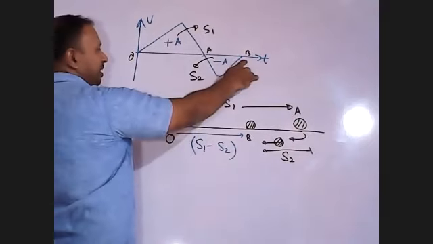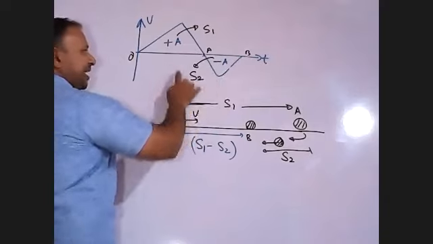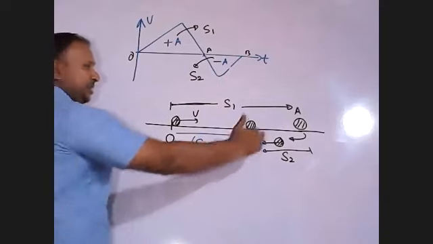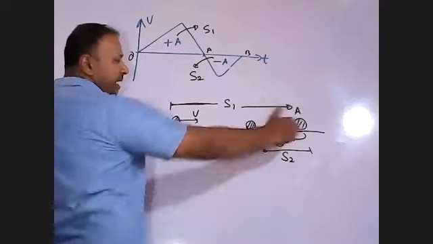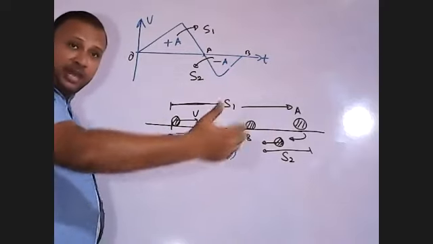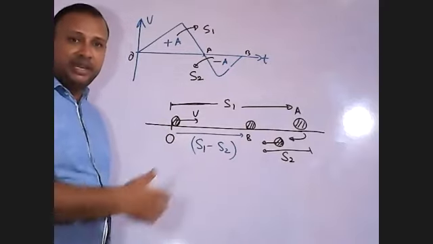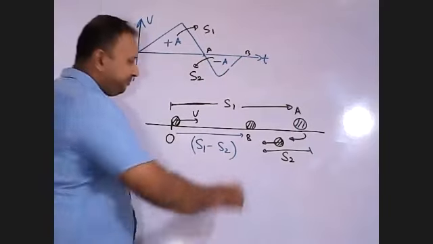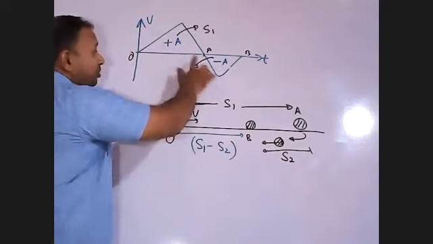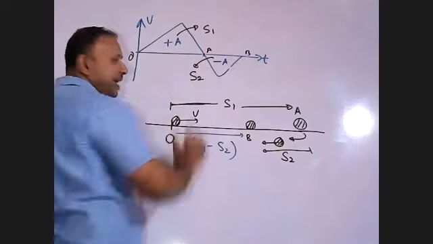Then from A to B, the velocity is negative. Velocity is negative means this object turned back and came to the negative direction and reached point B. So A to B displacement is S2.